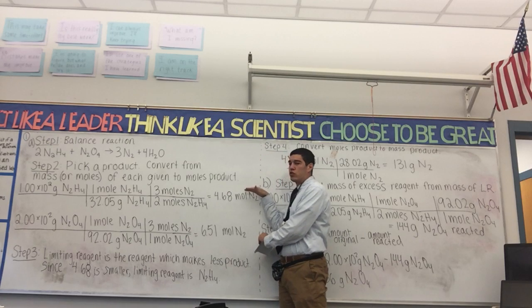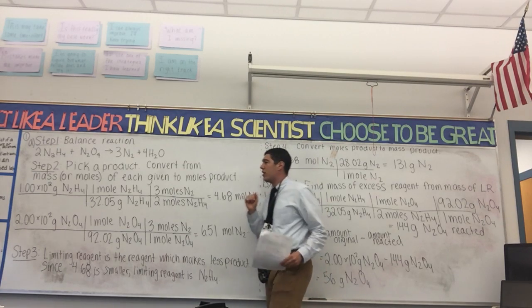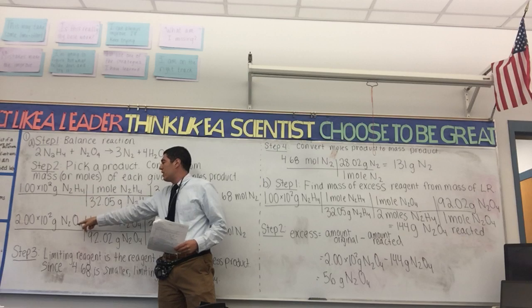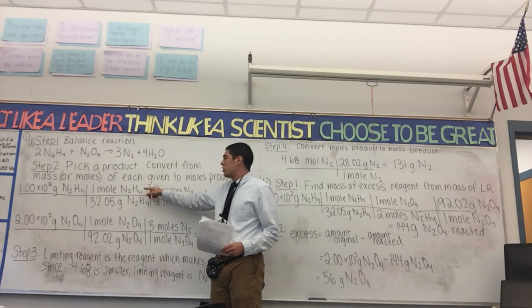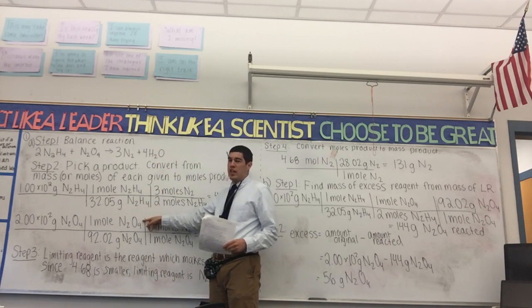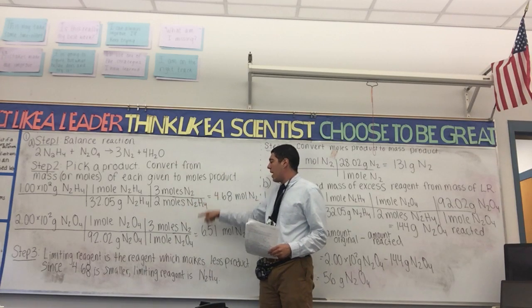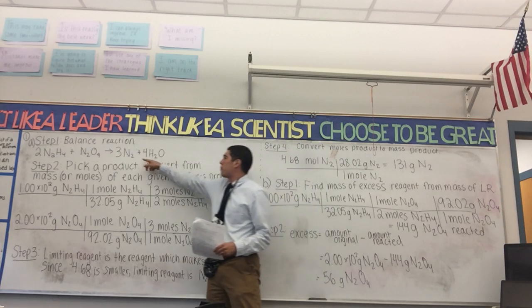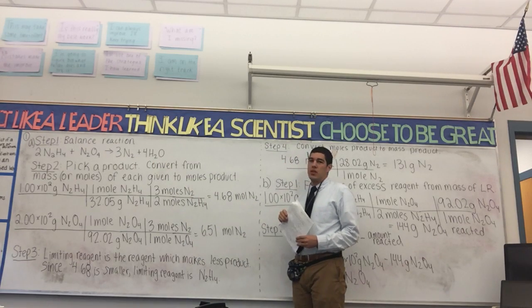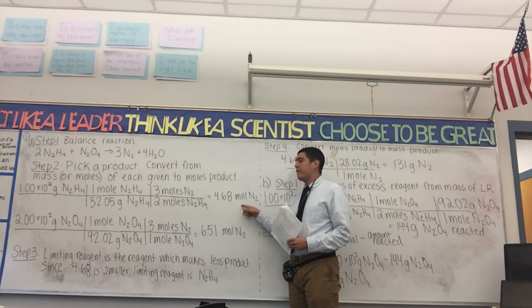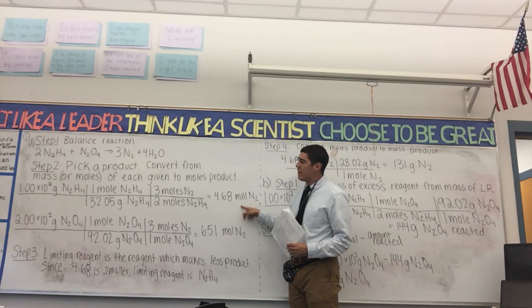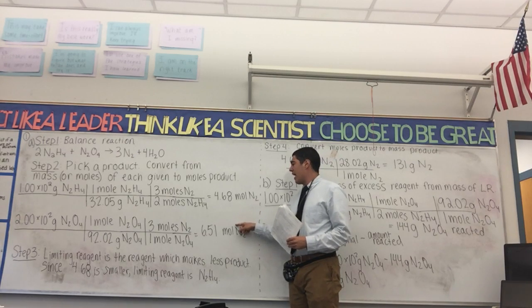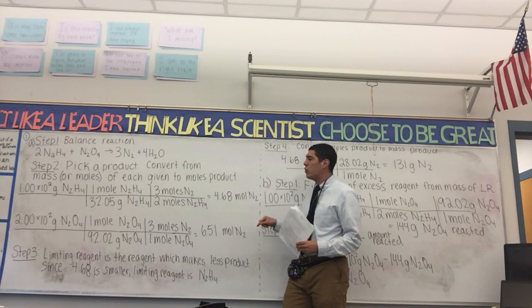So, in these two train tracks, you will see that I started out with each given, converted to moles of each given, and then my last step is to find the moles of N2, that product that I picked. In the end, I got 4.68 moles of N2 from the given, which was N2H4, and I got 6.51 moles of N2 from the given that was N2O4.